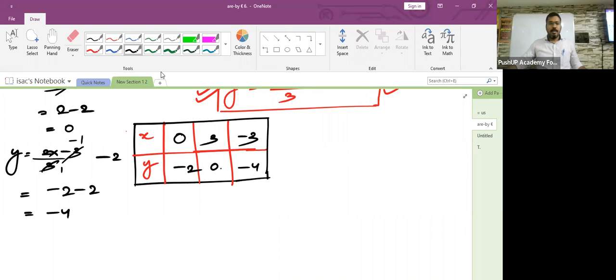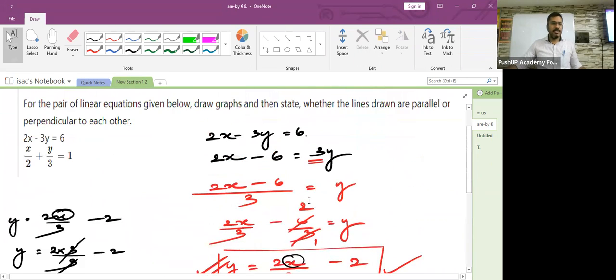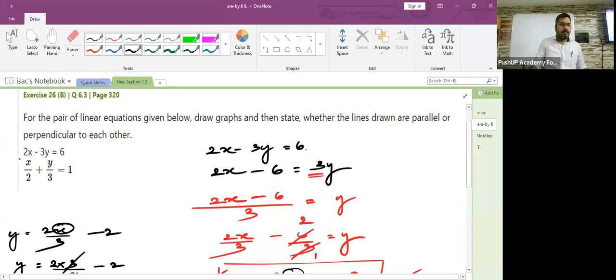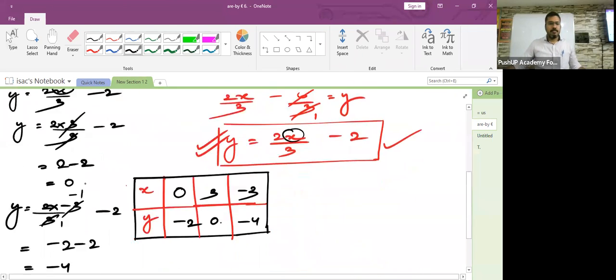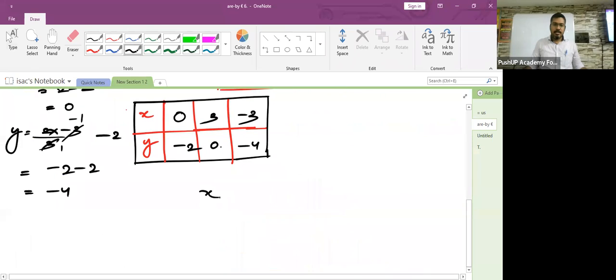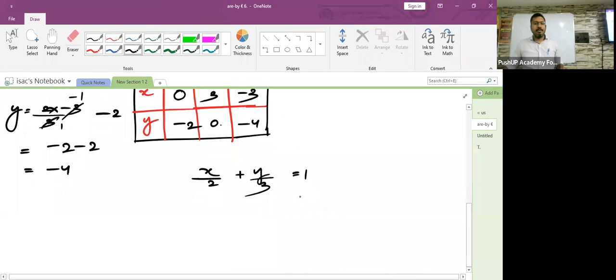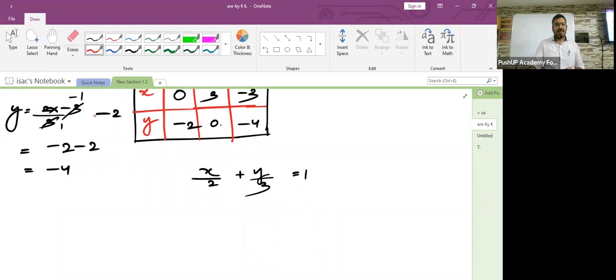Okay. Let's simplify the second equation. X upon 2 plus y upon 3 is equal to 1. Now, definitely we have to make changes in this equation, right? Go with the LCM method. Very good.